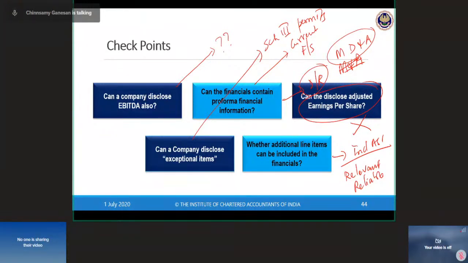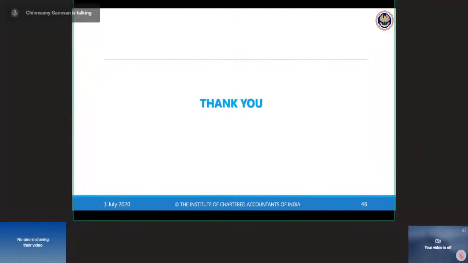So on the face of the P&L, they wanted to show payments made to doctors and consultants. Because Ind AS 1 allows this relevant and reliable presentation, because that is 50% of the total expenditure, we have included that line item on the face of it. Ind AS 1 permits that to be added.